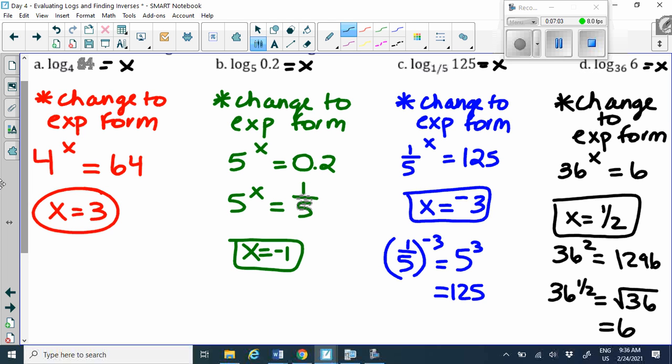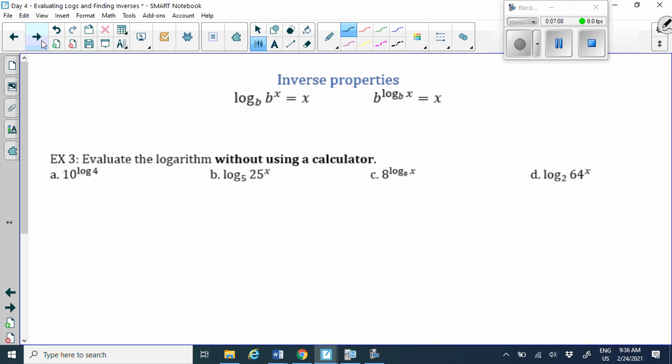Okay, we're going to continue on with evaluating logs without using a calculator. Now we're going to talk about inverse properties. We've talked about finding the inverse. We know logs and exponentials are inverses. So when we take the log of an exponential, or vice versa, the exponential of a log, it cancels out.